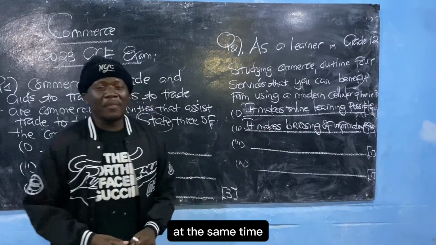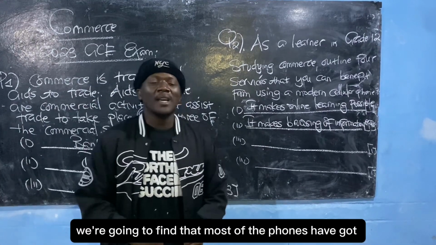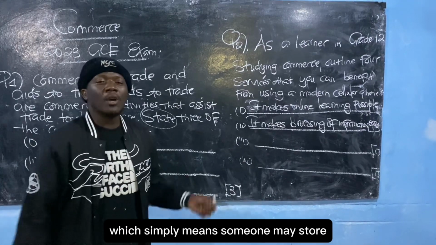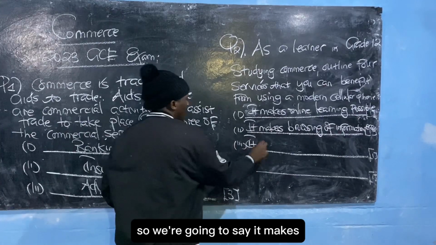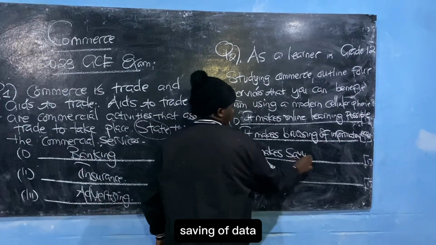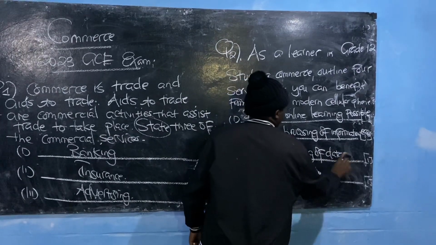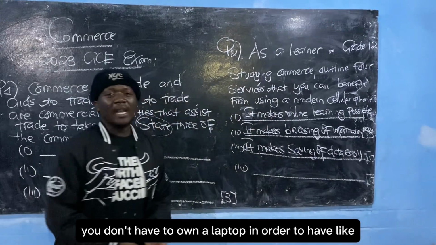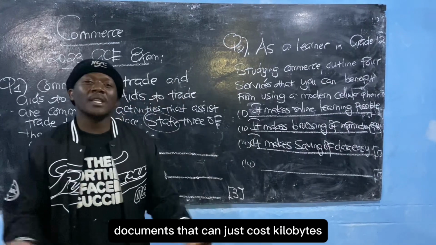At the same time, using a cellular phone, nowadays most of the phones have inbuilt storage, which simply means someone may store data on the same phone. So we're going to say it makes saving of data easy on the phone. You don't have to own a laptop to have documents that just cost kilobytes.